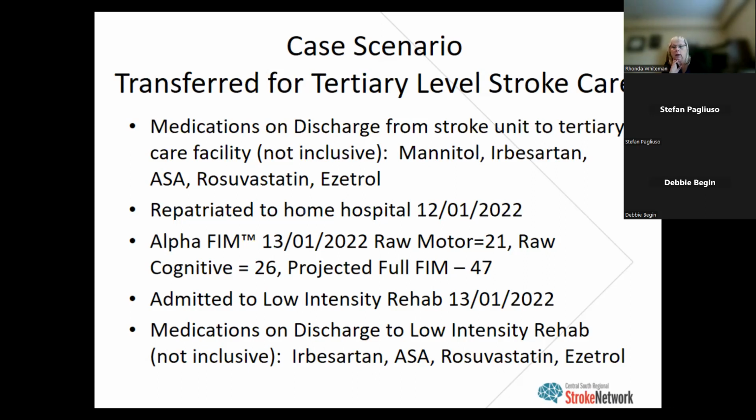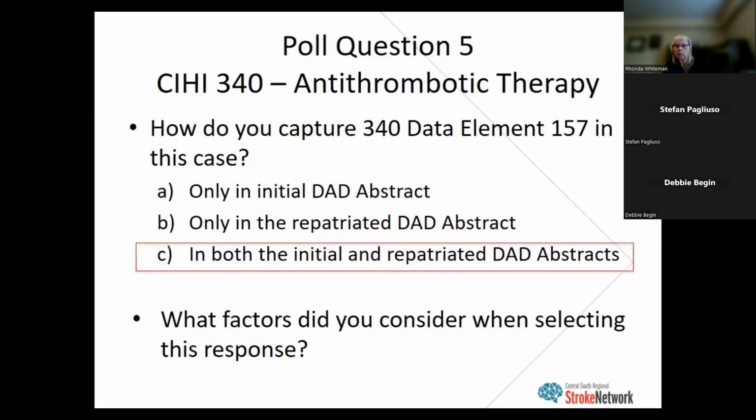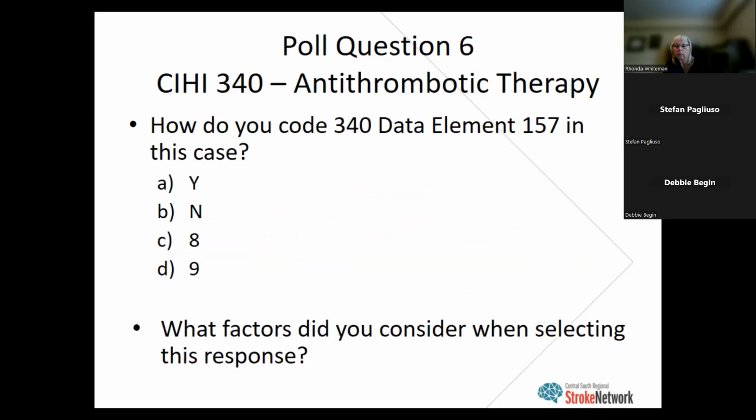So again, we can see 82% would indicate yes. They would code antithrombotic therapy in this case, based on the ASA. 14% said no, 5% said not applicable. And so again, because of the ASA, we would consider it a yes.